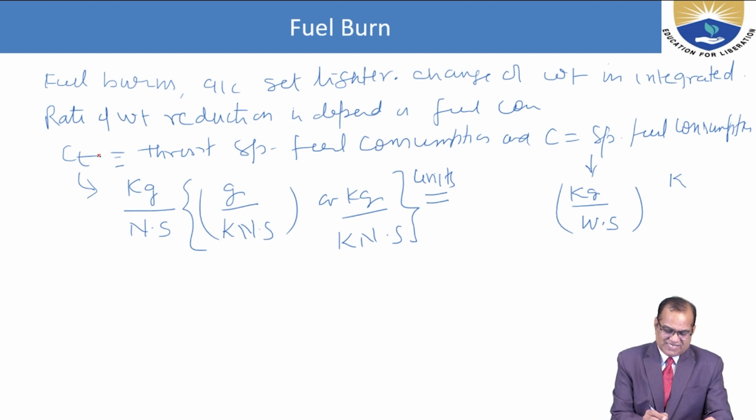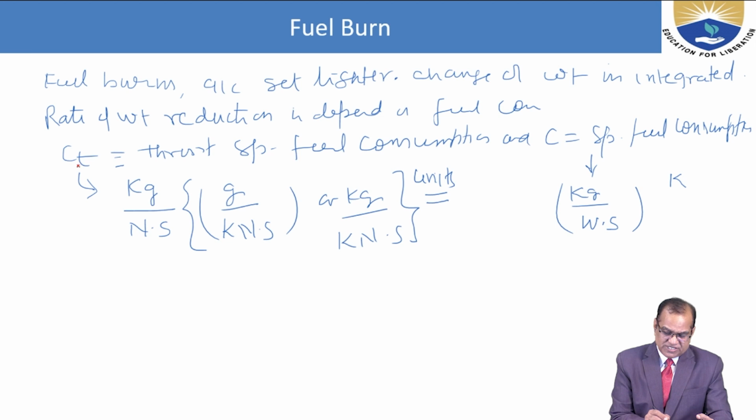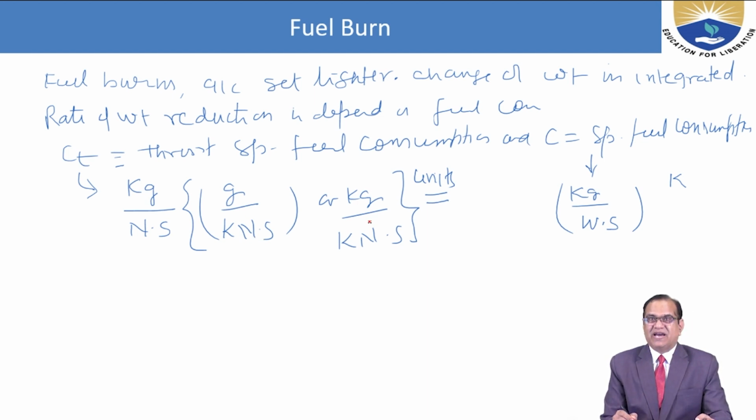So here we can see this CT is equal to thrust specific fuel consumption, and if we write only C, it is a specific fuel consumption. The units of thrust specific fuel consumption are kg per Newton second, gram per kilo Newton second, or kg per kg Newton second.